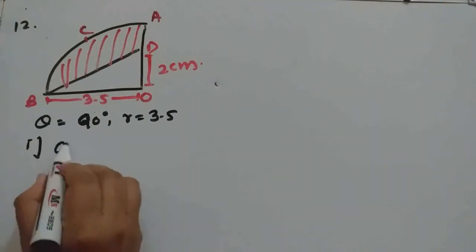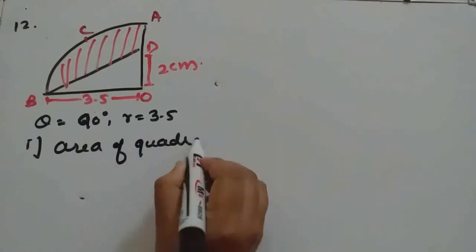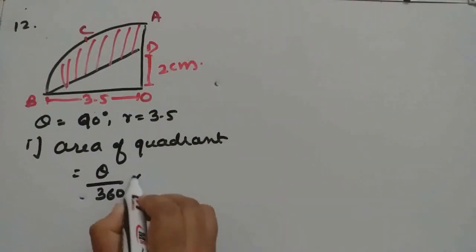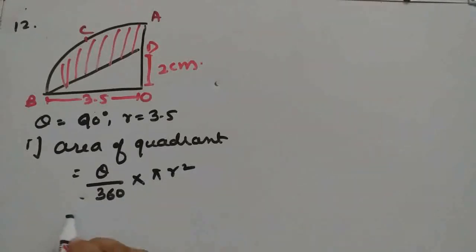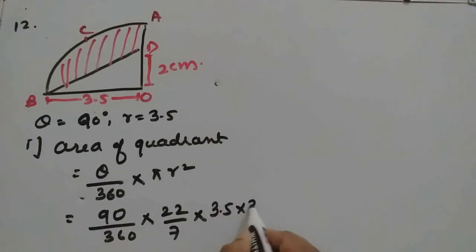So the area of the quadrant will be given by the area of sector formula. Pi we can use as 22 by 7. So 3.5, 3.5.